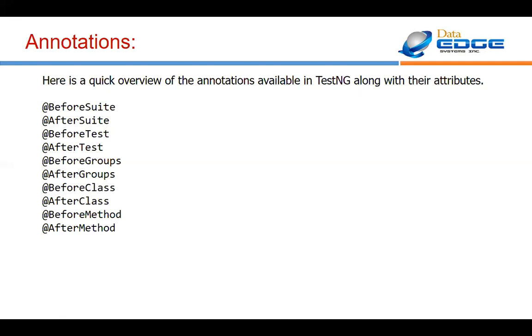Then we will work on Selenium, and at the time when we are integrating TestNG into Selenium, we will focus on how we can make use of all the annotations that are present on your screen.